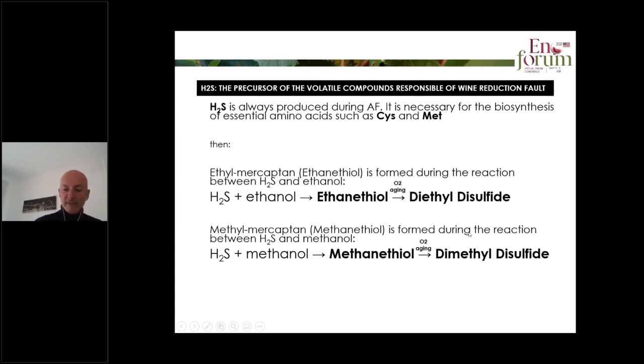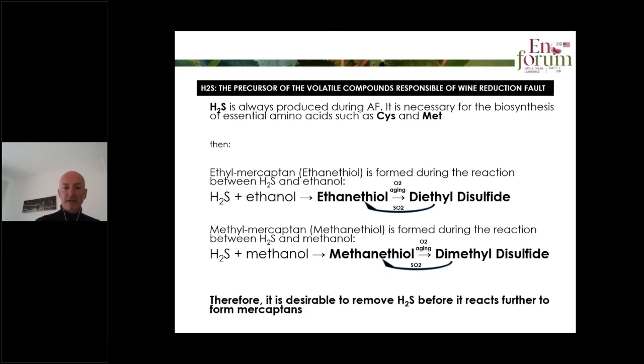And then before bottling, we add sulfites. So the redox potential is reduced, and so we go back with the reaction. The disulfides formed in the first few months after bottling go back to the mercaptans, and so we open up the bottle and the wine is reduced. And so this is the chemical explanation. Therefore, it is desirable to remove H2S before it reacts further to form mercaptans.